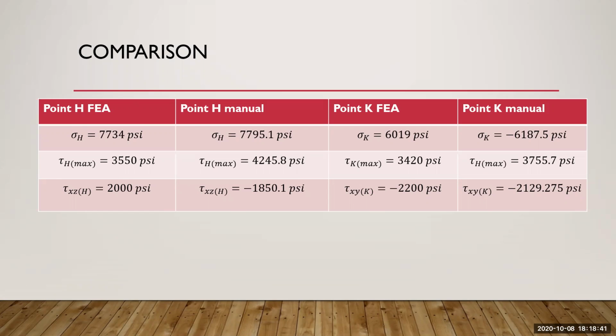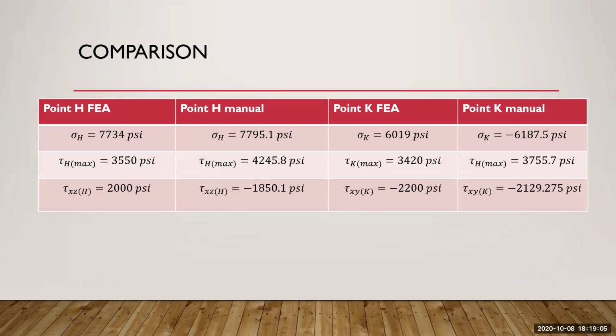And this is usually what engineers use when they're asked to design some of the things, such as beams or steel shaft. They can use it to determine the maximum shear stress and the normal stresses at specific points.